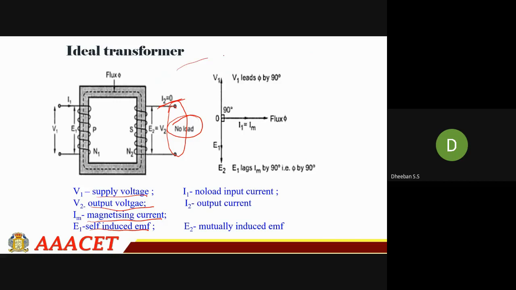This is the phasor diagram for your ideal transformer. Here I2 will be 0. That's what it is with respect to the ideal transformer. Okay. So with this we can stop today's lecture. Thank you.